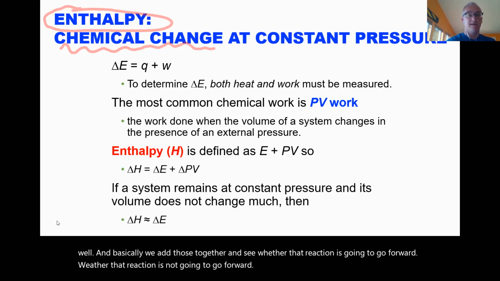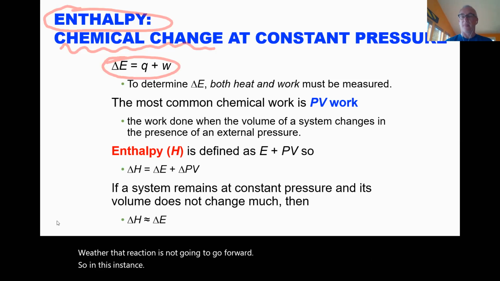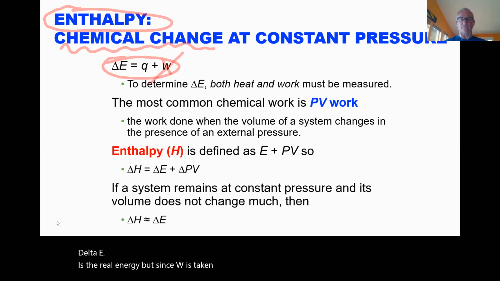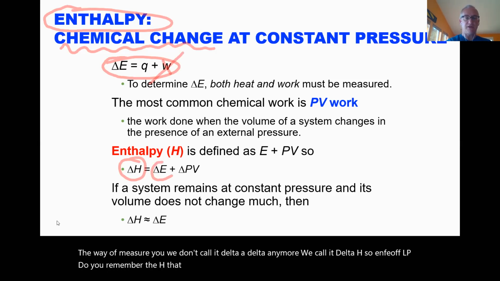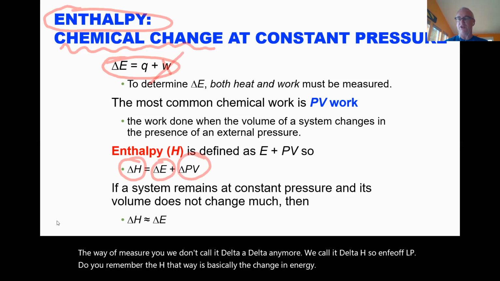So in this instance, delta E is the real energy, but since W is taken out, we use a new way of measuring it. We don't call it delta E anymore, we call it delta H. So enthalpy, you remember the H that way, is basically the change in energy and the change in PV work.